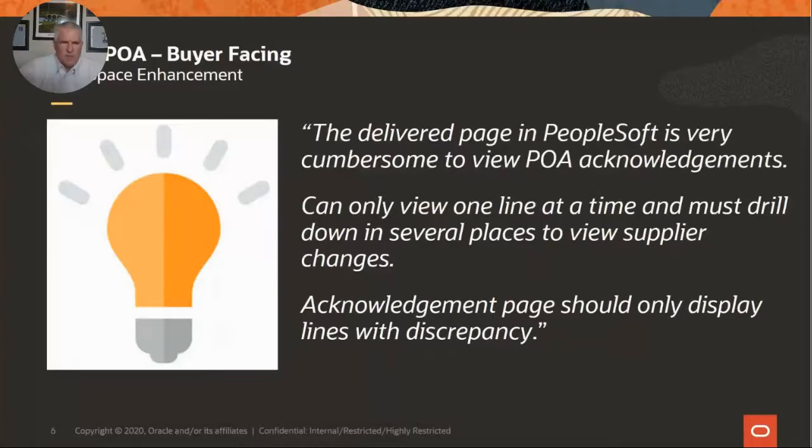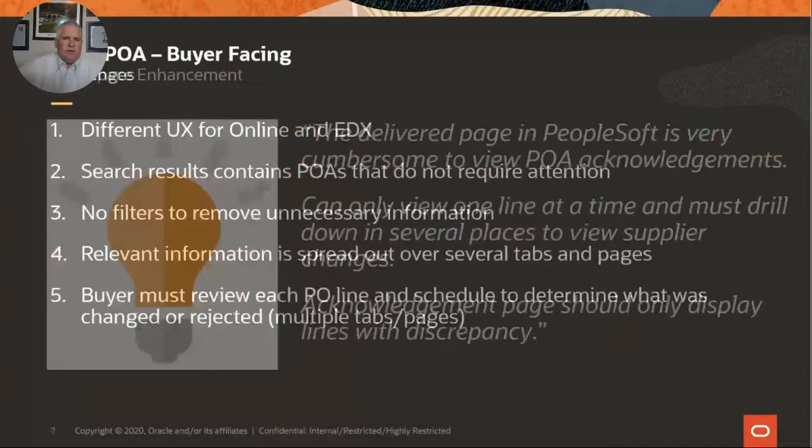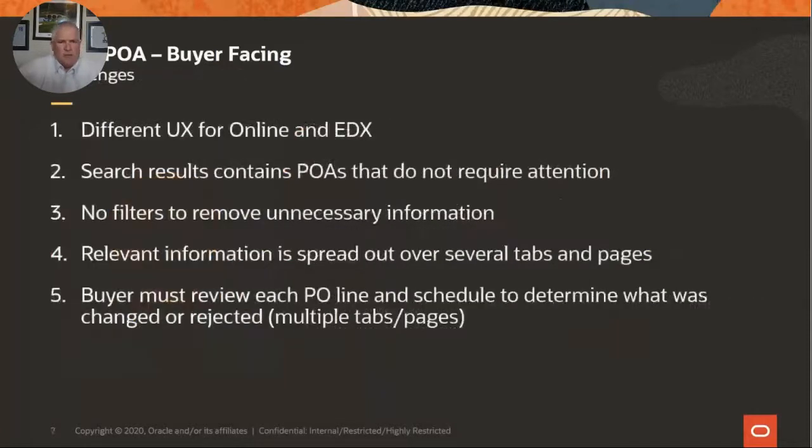With that, we faced several different challenges. We had two different UXs for online and EDX. By that, you had to go into two different components to find the information you're looking for. In the search results, you had to sift through several purchase orders to find the purchase orders you needed to work on.